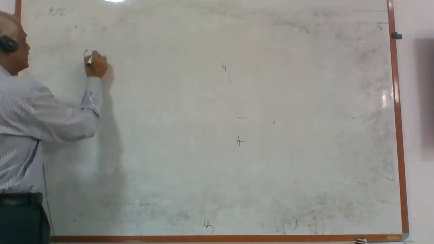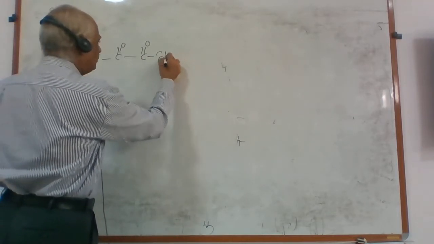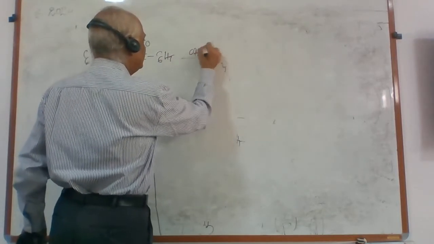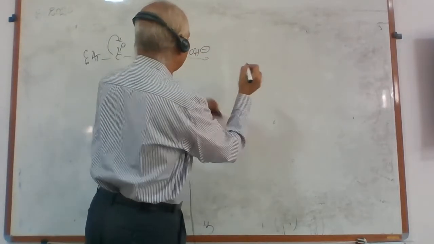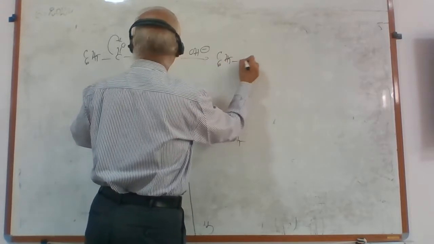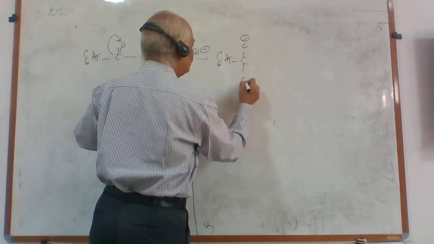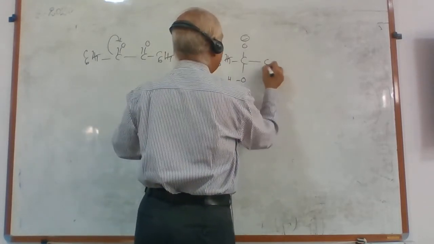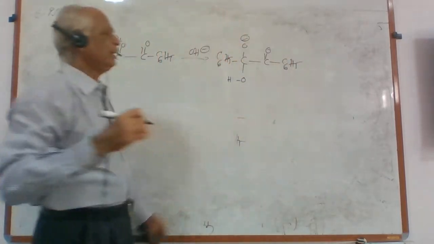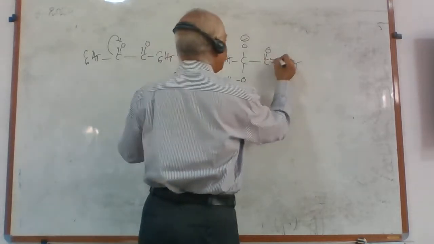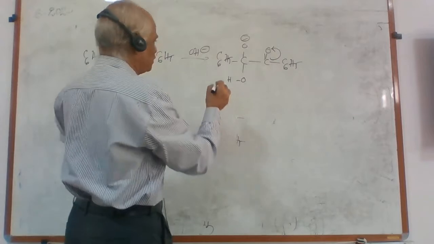C6H5-C=O, C=O-C6H5 in the presence of OH minus ion. The C=O group is polarized, forming C6H5-C(O minus)(OH)-C=O-C6H5. Now the second carbonyl group depolarizes: the carbon gets a positive charge, the O gets a minus charge.